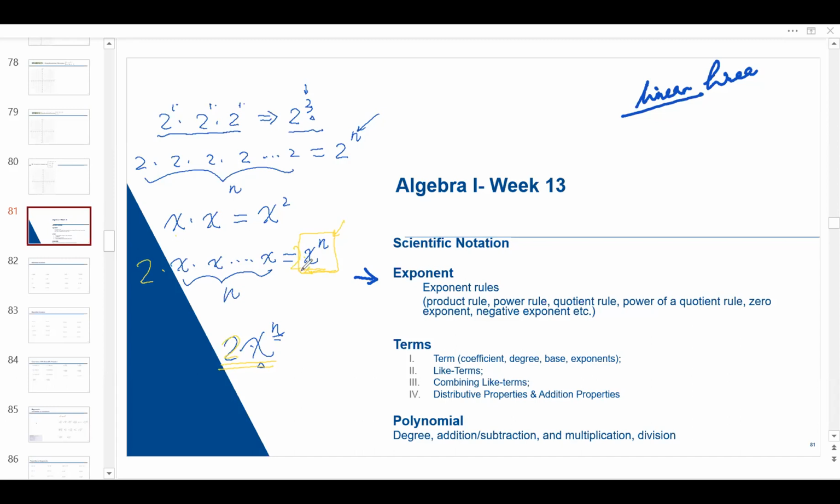So when they do a product, say if you have 2 squared times 2 power 3, what does this equal? You guys can find out what the number should be here.